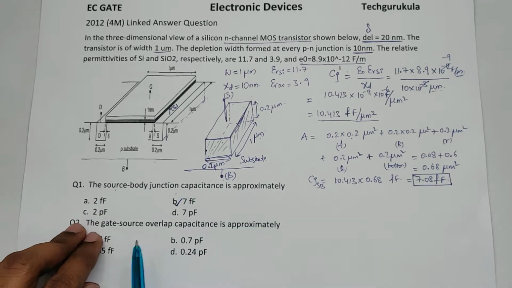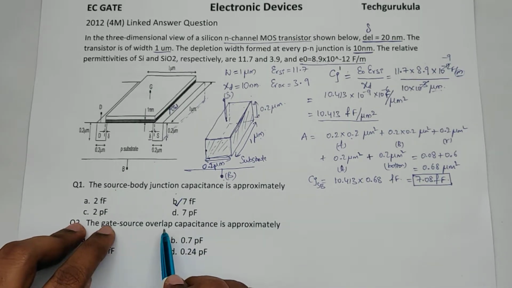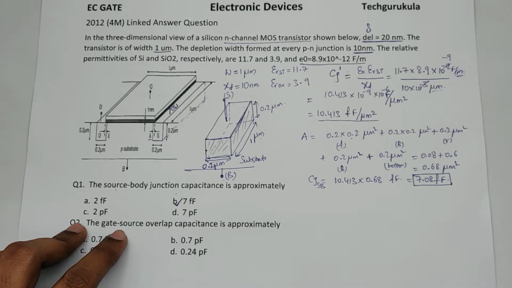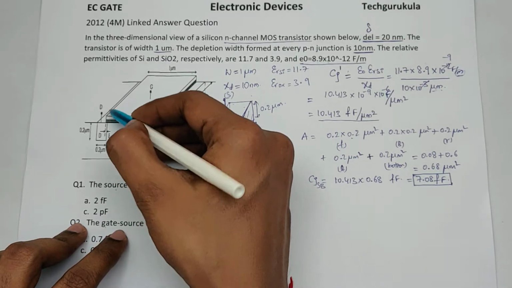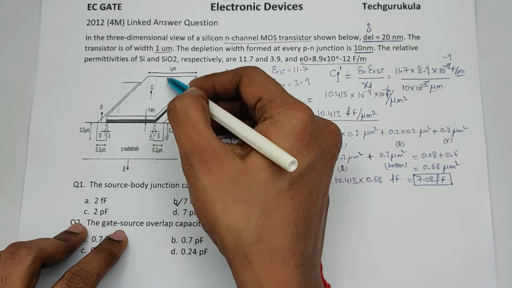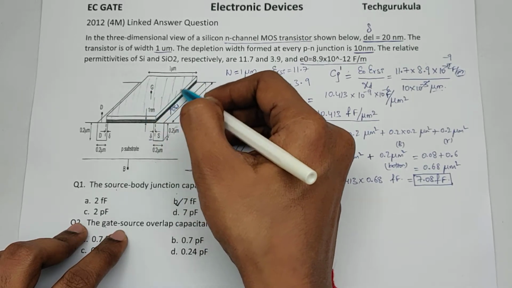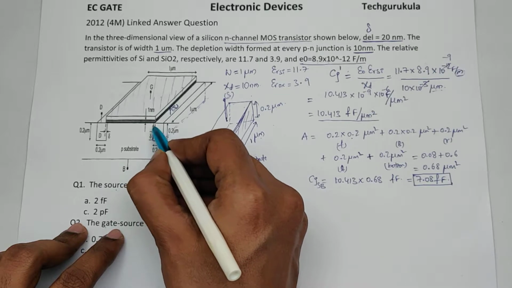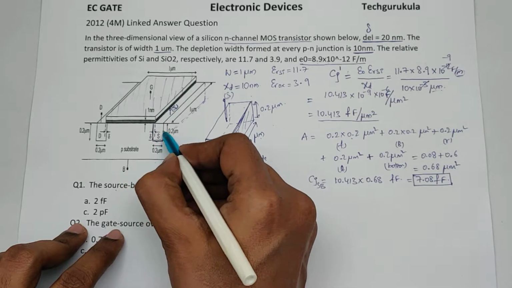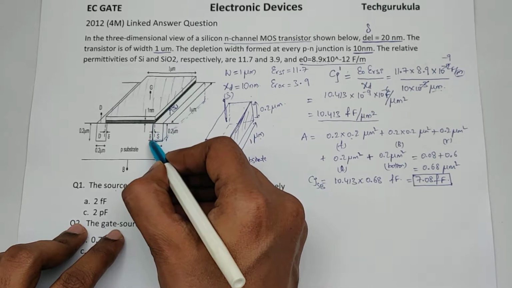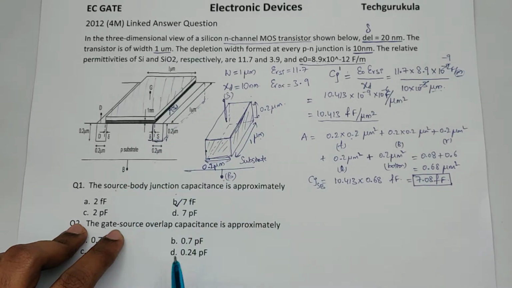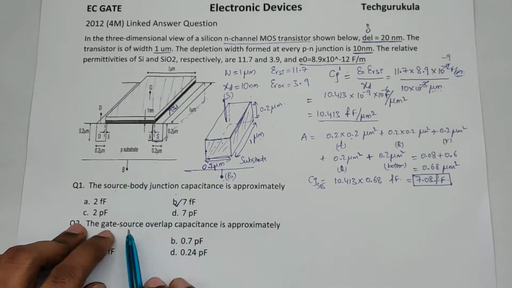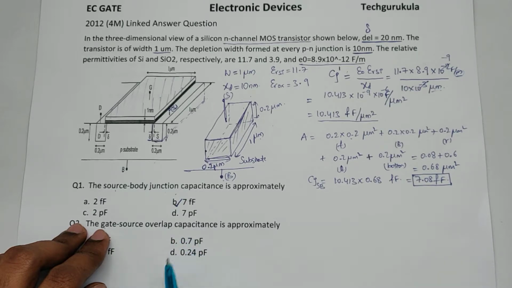Here we're talking about the gate source overlap capacitance. Now if you see here, this entire thing is the gate. And there is source, this thing is source. And we are having an overlap here, which is represented by this del. And we need to find what is this gate source overlap capacitance.